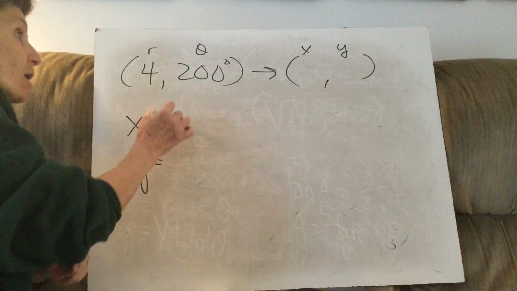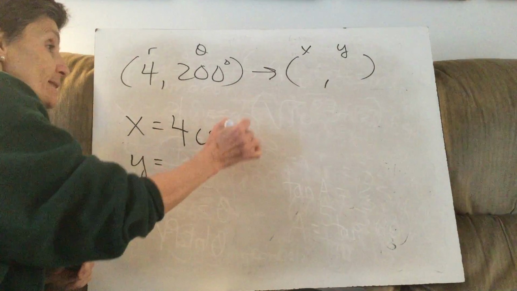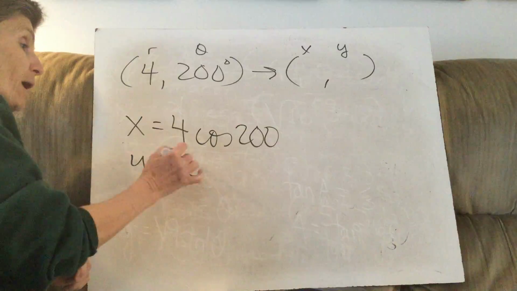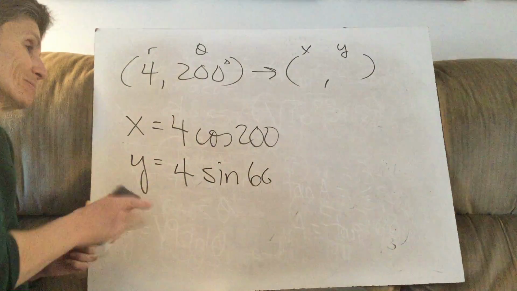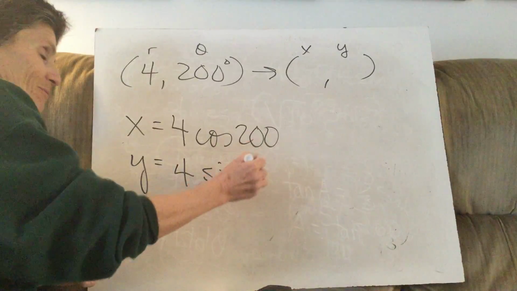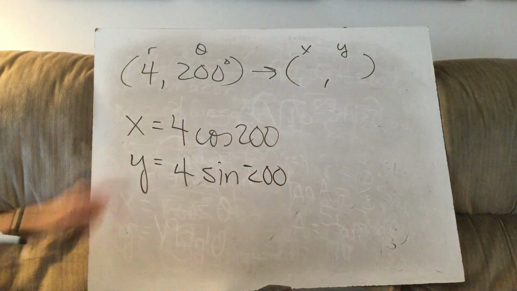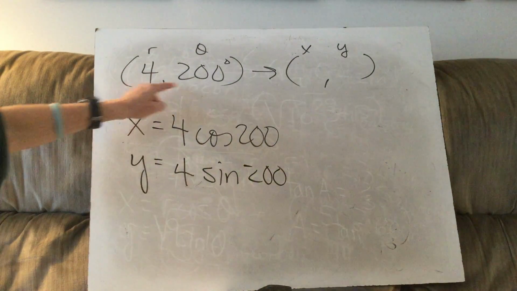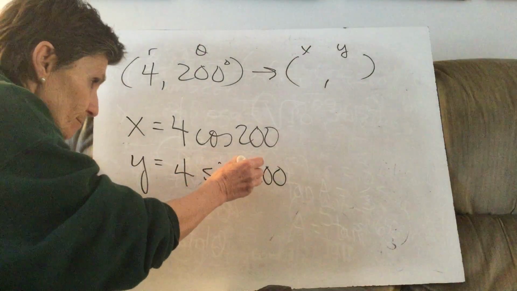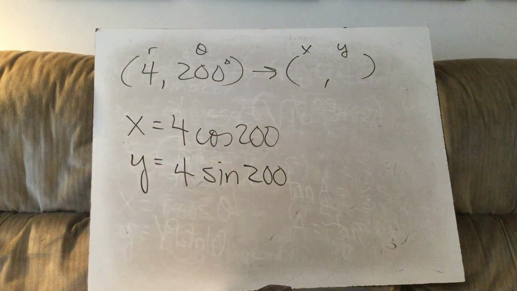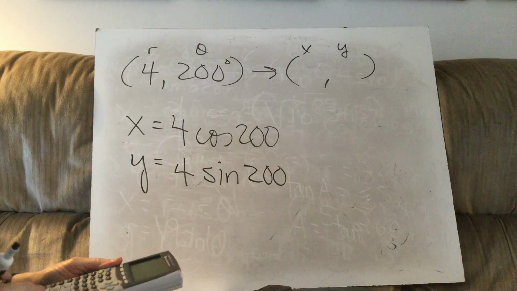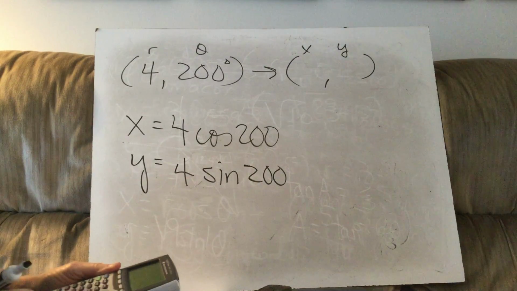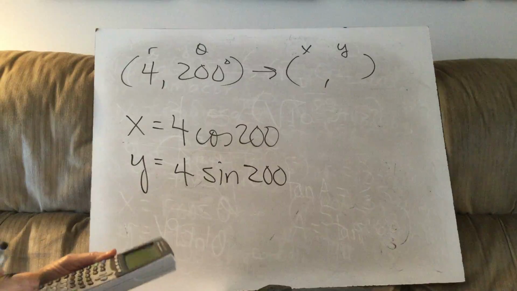x equals r cosine theta, and y equals r sine theta. So 4 cosine 200, 4 sine 200. So your coordinates are 4 cosine 200, 4 sine 200.